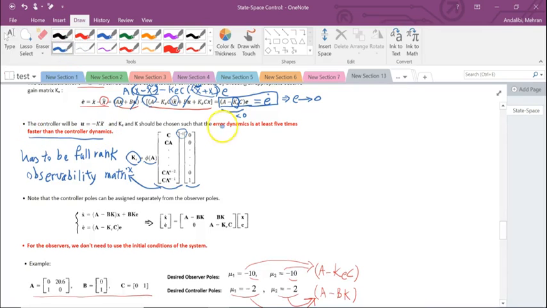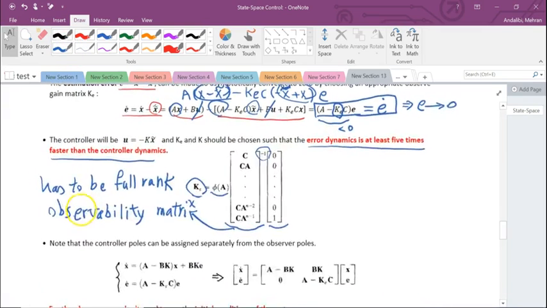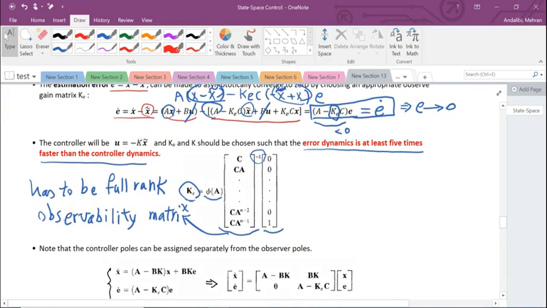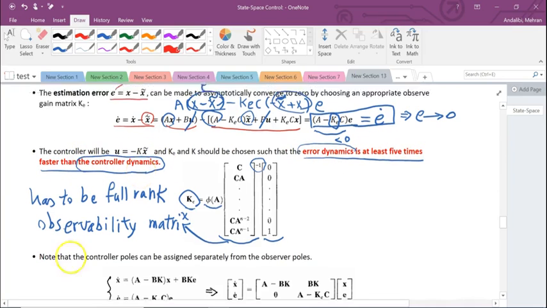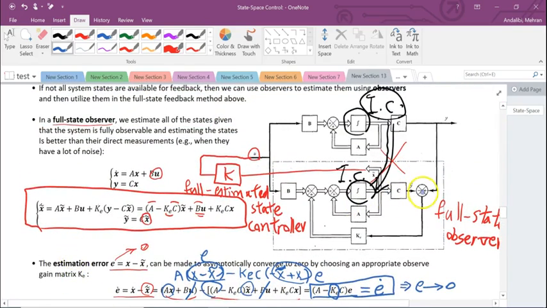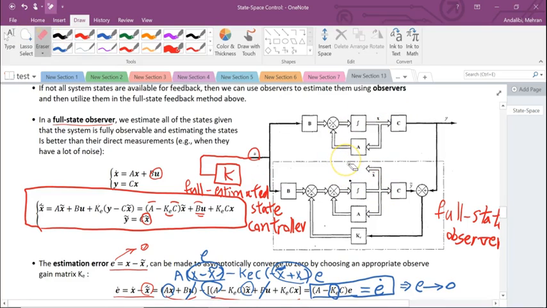One thing that is very important, and I need to mention, I highlighted for you here, is that the poles of the observer should have bigger negative values compared to the controller. In other words, the error dynamics of the observer should be several times faster than the controller. Why? Because if these estimated values that I'm sending to the controller are not very close to the actual states, then your controller is sending wrong signals to the system to control it.